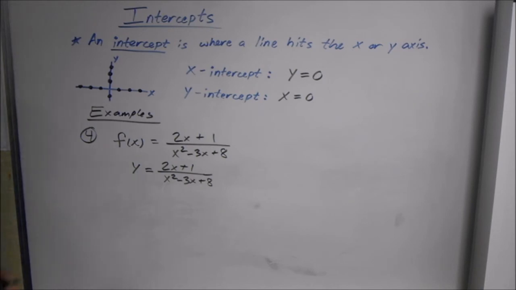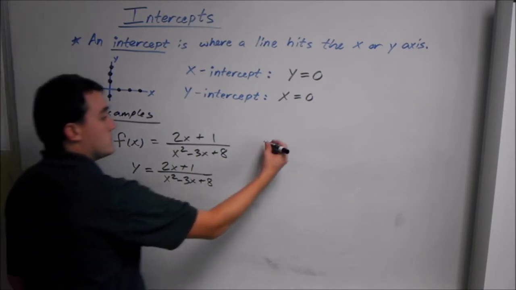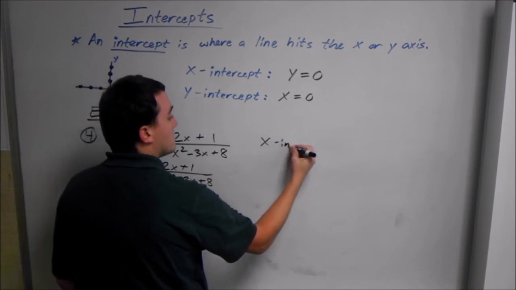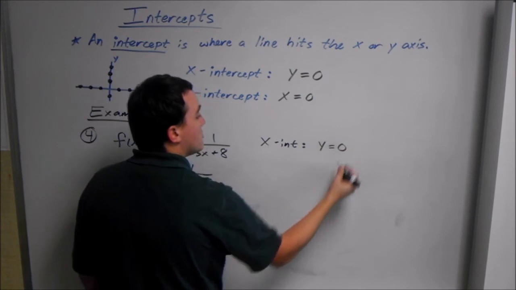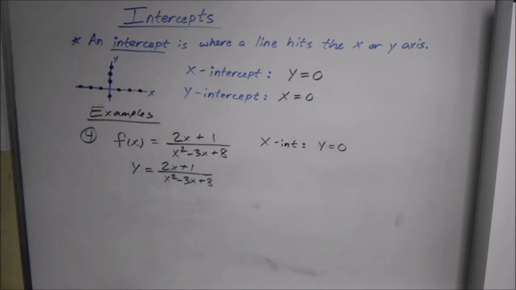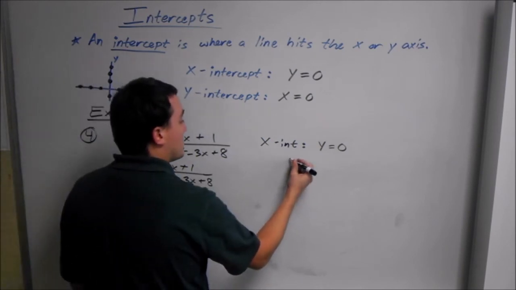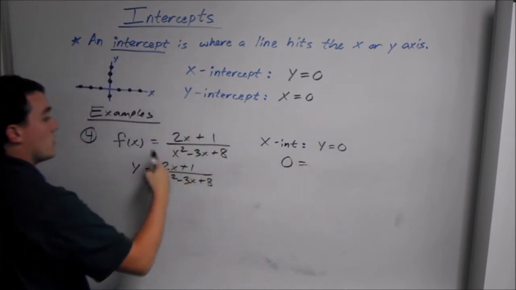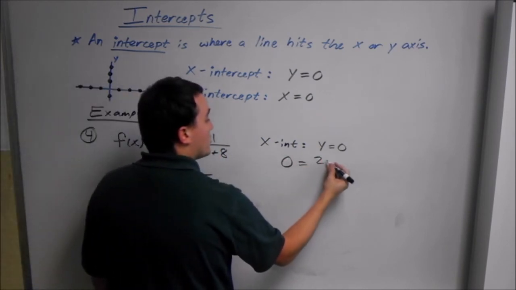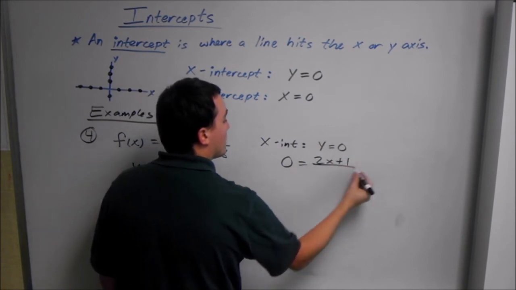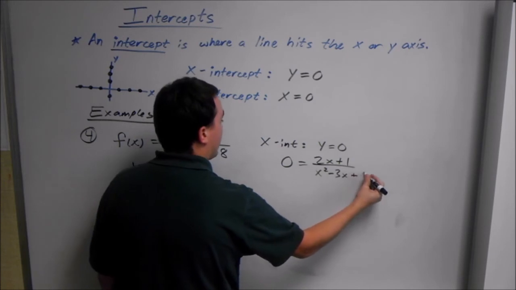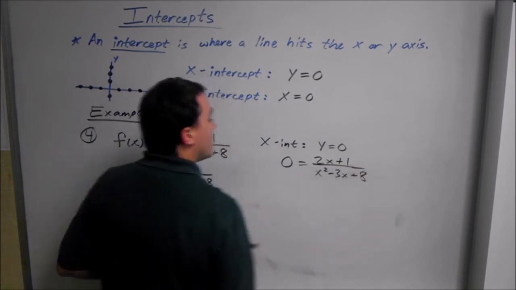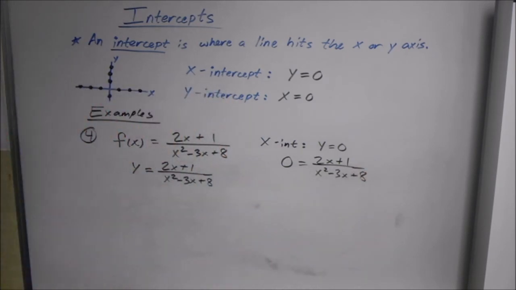So to find the x-intercept, we plug in y equals 0, and then we solve. So 0 equals all of this, 2x plus 1 over x squared minus 3x plus 8. Now we can't really do anything with x on the bottom.